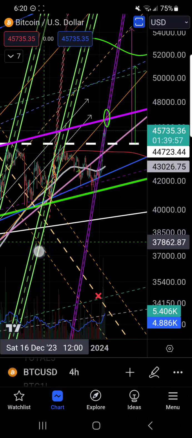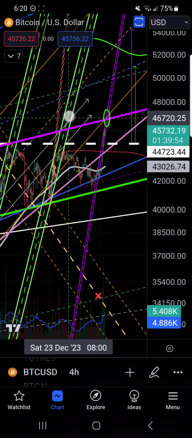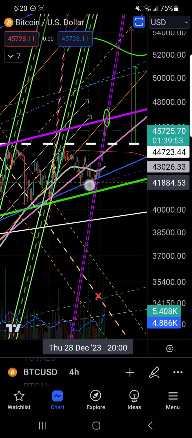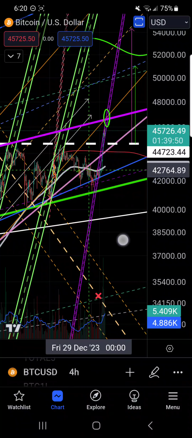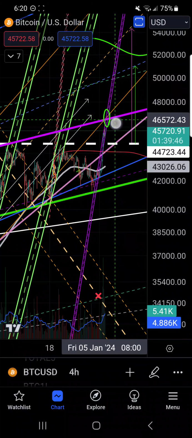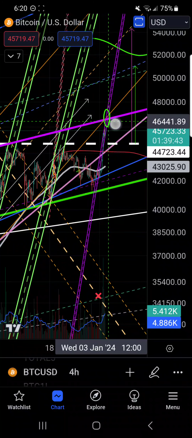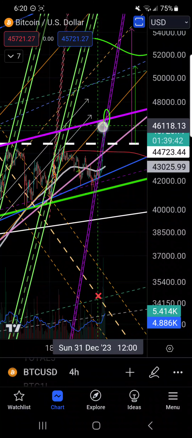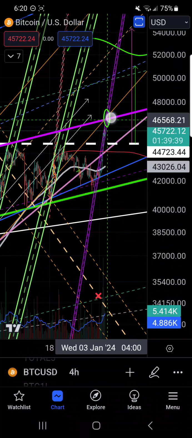However, that may eventually get replaced by one of these green parallel channels, which seems to be the slope that we do trade in, especially if we do see a little bit of sideways consolidation here. I'm not talking long term. I'm talking hours on the hourly chart or something like that.